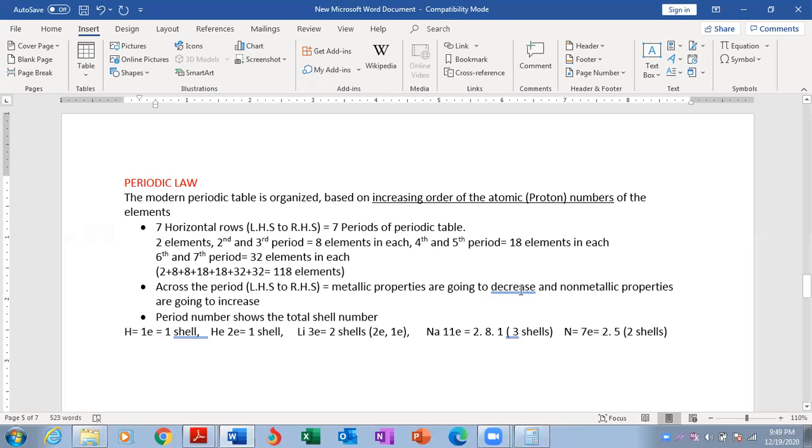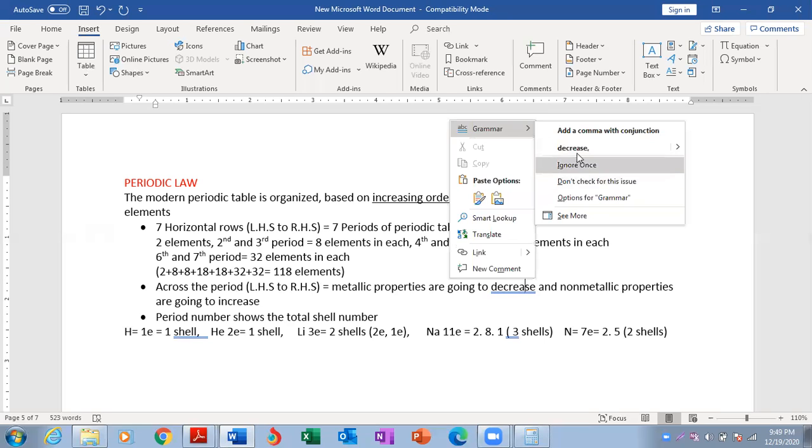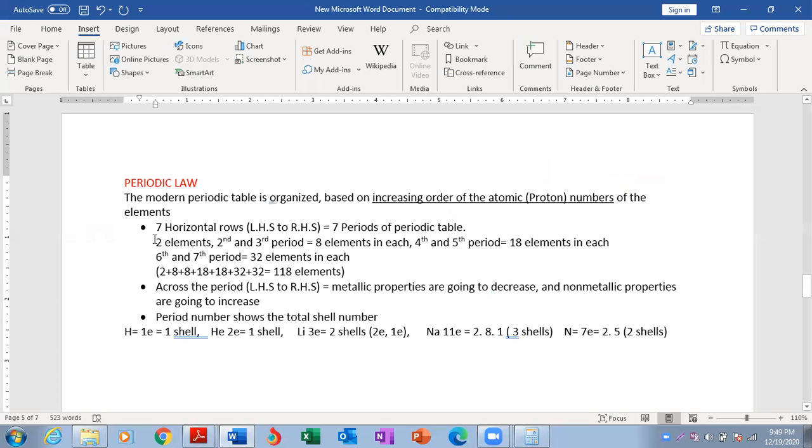Is that clear? So the first period is equal to two elements.